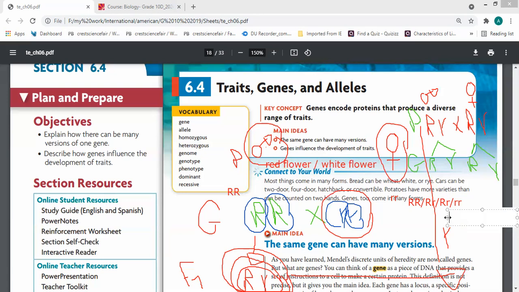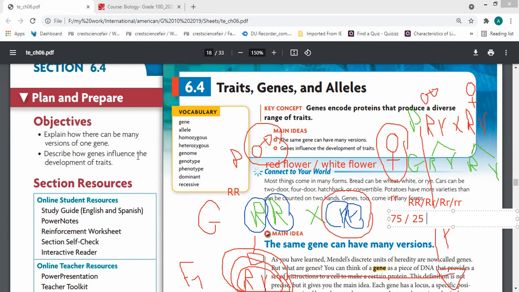The ratio of the flower color in pea plant in the second generation, what? The ratio? 3 to 1. Excellent. By percentage, what? 75% for dominant, 25% for recessive in the second generation. You got it? It's clear? Yes.